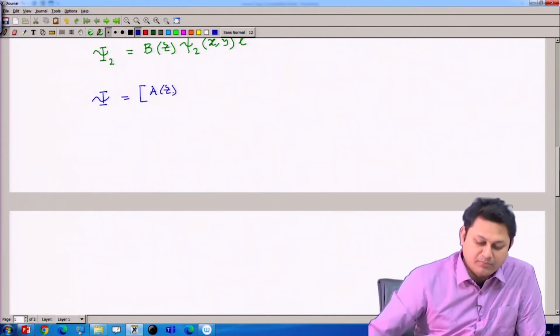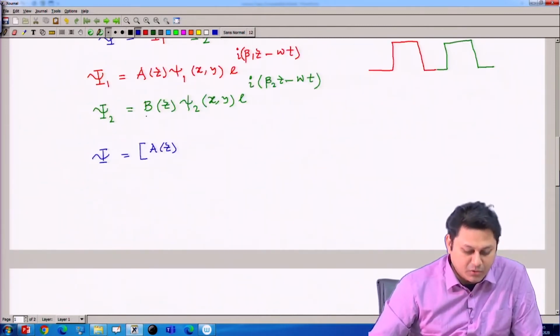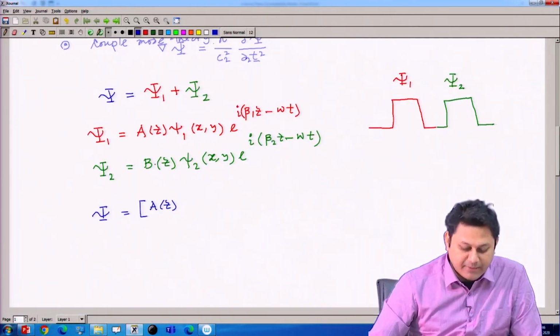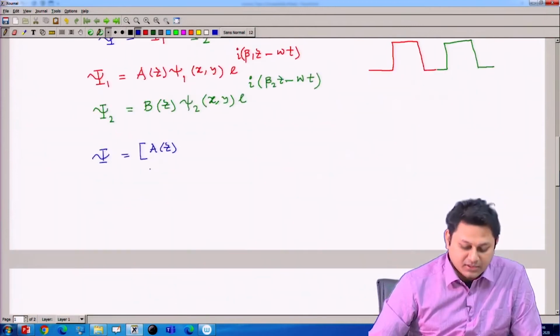The important thing is the amplitude. This amplitude now becomes a function of z, because when the mode is propagating, there is an exchange of energy from this mode to this mode. That is why the amplitude is going to change over the z distance, and that is why A and B should be functions of z.